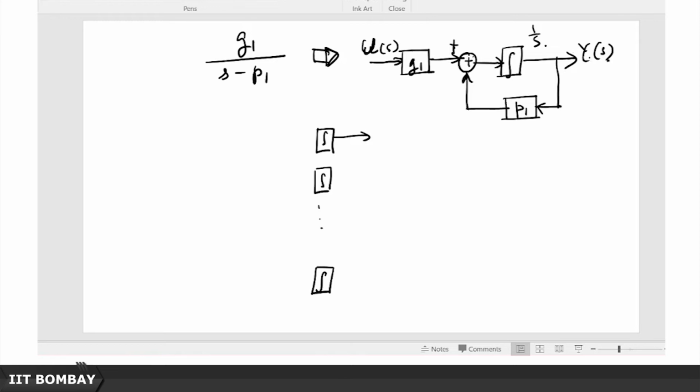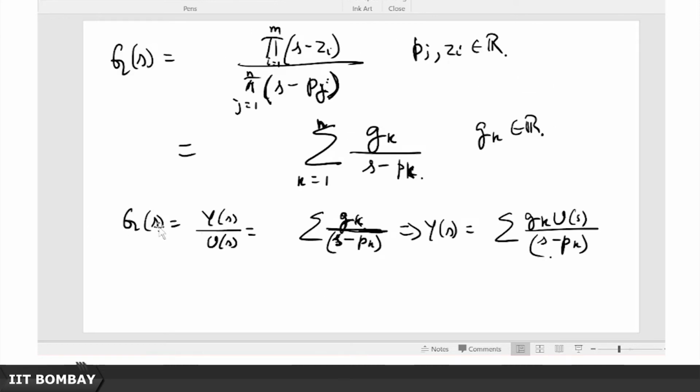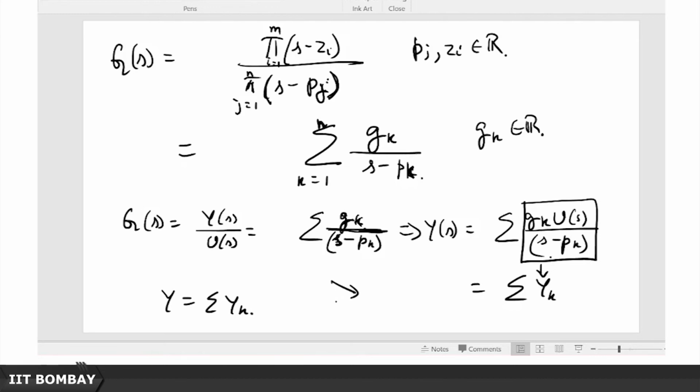This is my y1. The entire term is y_k, so y is equal to the summation of y_k. If this is y1, this is y2, till y_n, I sum them up at the end and I have my y.